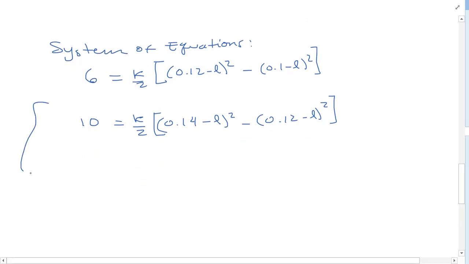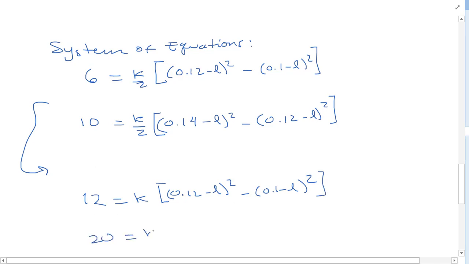So we can do some algebra here, right? So change our equations. 12 equals k, and we can multiply all these out. And this one would be 20 equals k times (0.14 minus L) squared minus (0.12 minus L) squared.